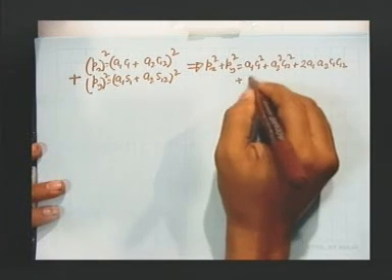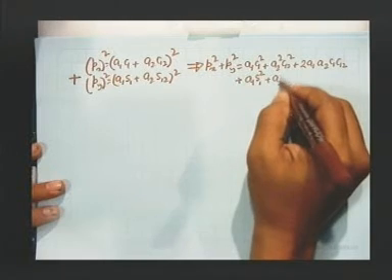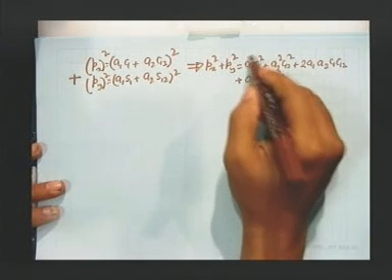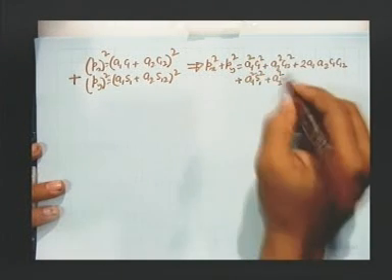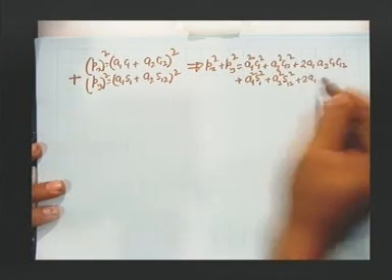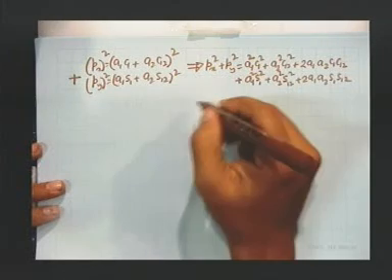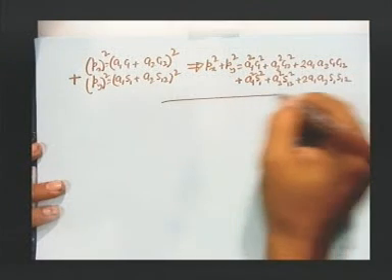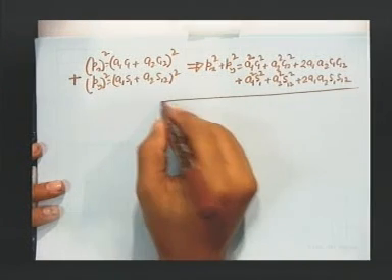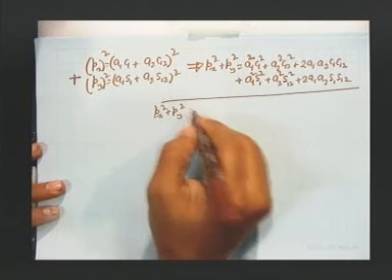From the second equation, a1 square sin square theta 1 plus a2 square sin square theta 1 2 plus 2a1 a2 sin theta 1 sin theta 1 2. Okay. So, I add them. So, left hand side remains as p x square plus p y square equal to.